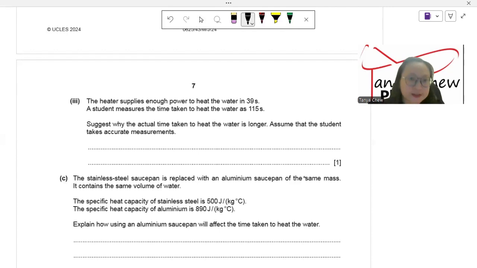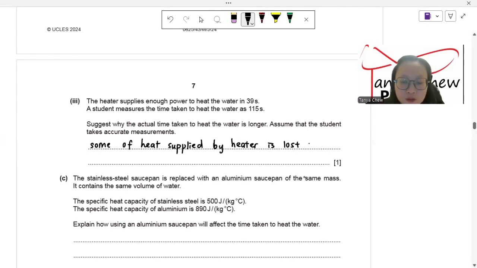So the answer is: some of the heat supplied by the heater is lost to the surroundings. That is why it needs to take a longer time.